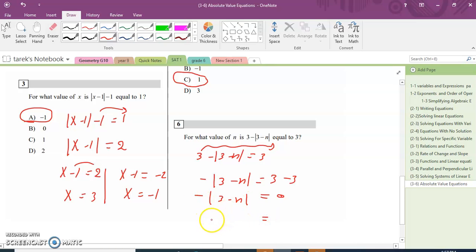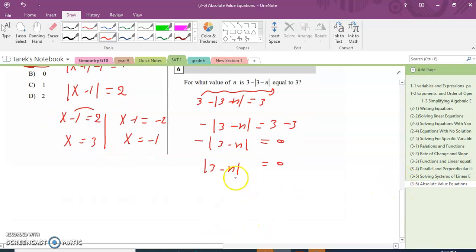If you multiply by negative 1, it will be 3 minus n equals 0. Solve this equation. It's either 3 minus n equals 0 or equals negative 0, because there is no negative for the 0. Take the n to the other side, it will be 3 equals n. So n equals 3.